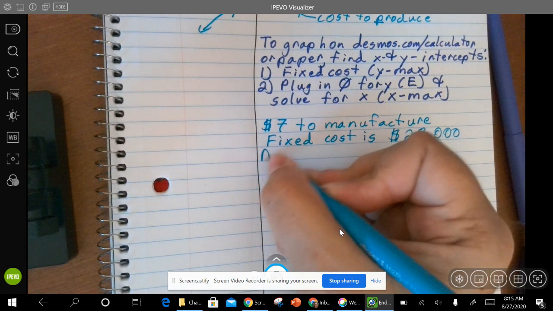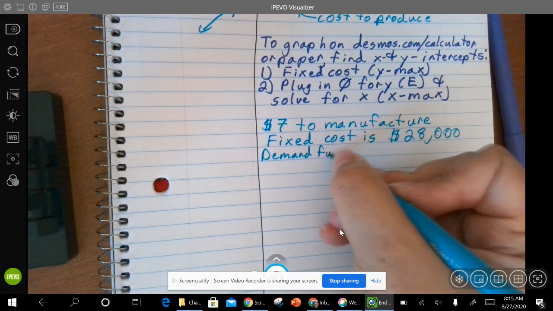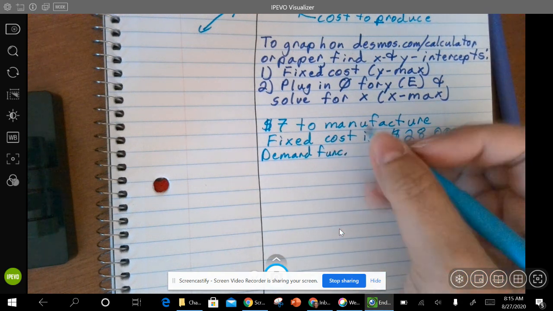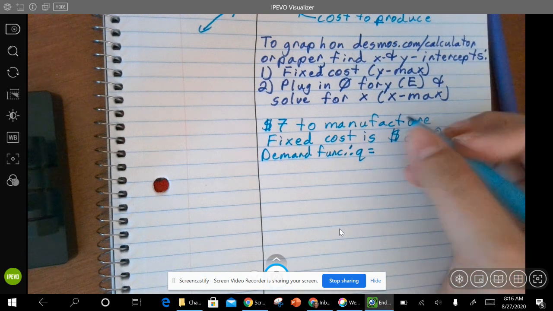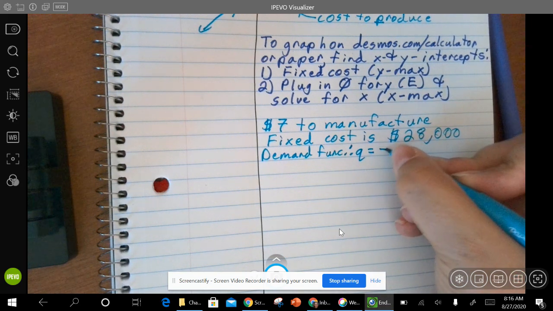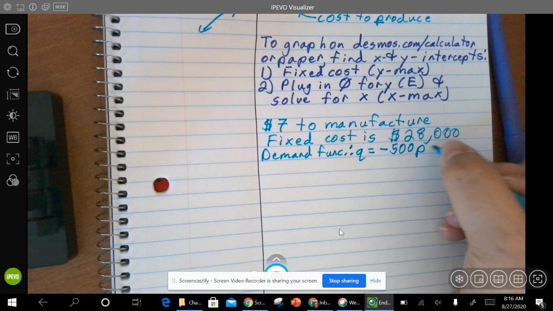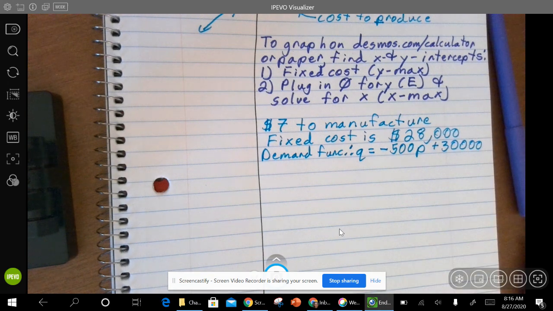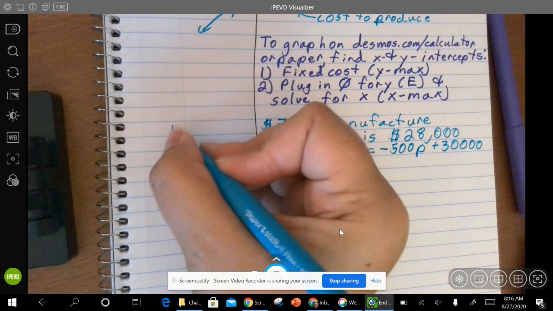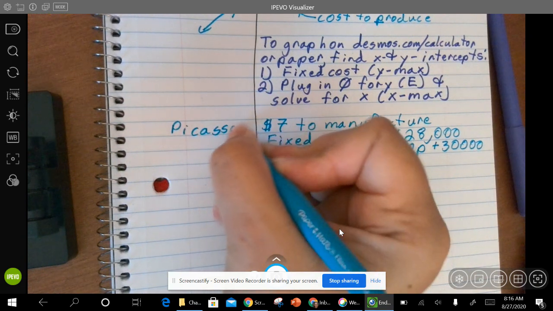Our demand function is Q equals negative 500 times the price plus 30,000. This is for Picasso paints.